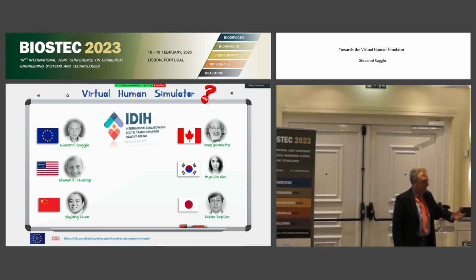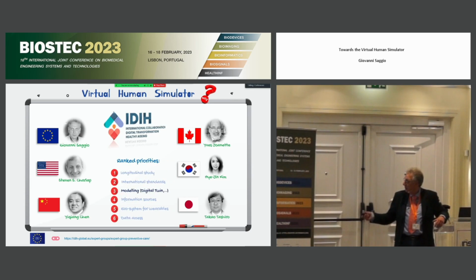I'm the representative person of the European Union, and I'm the coordinator of this group. This group decided that six are the key factors that must be addressed. And one of the six key factors, number 3, is modeling. It means digital twin.